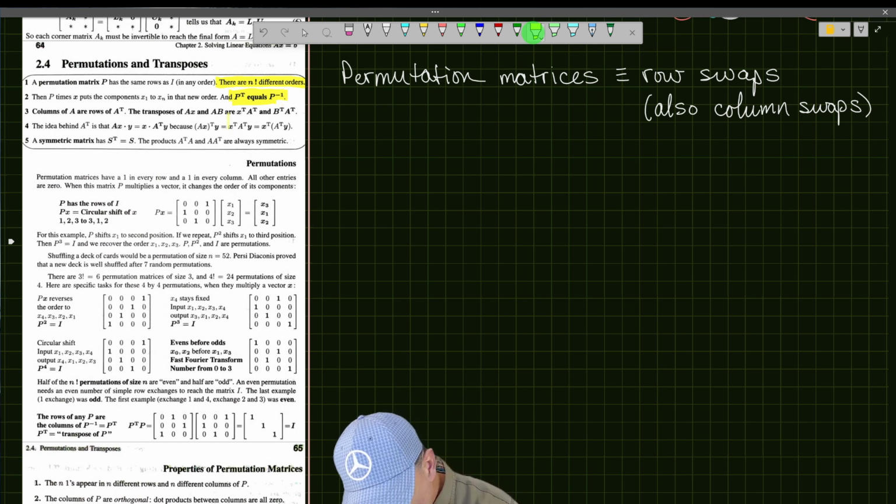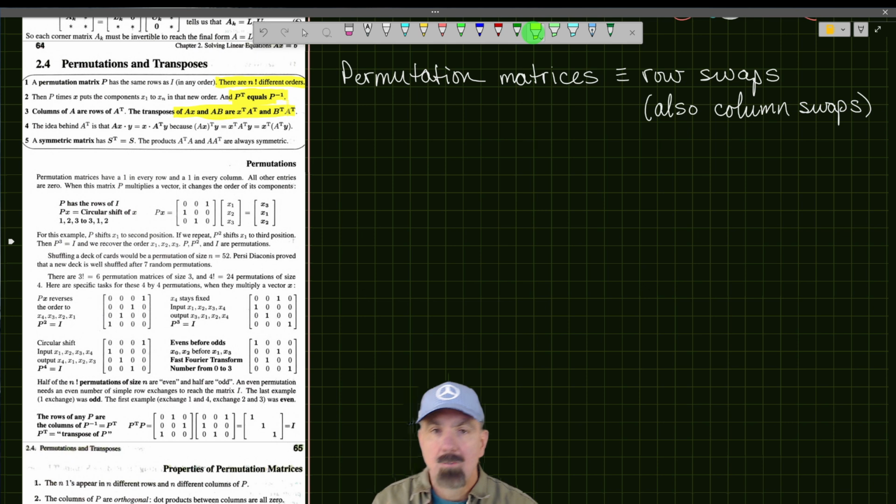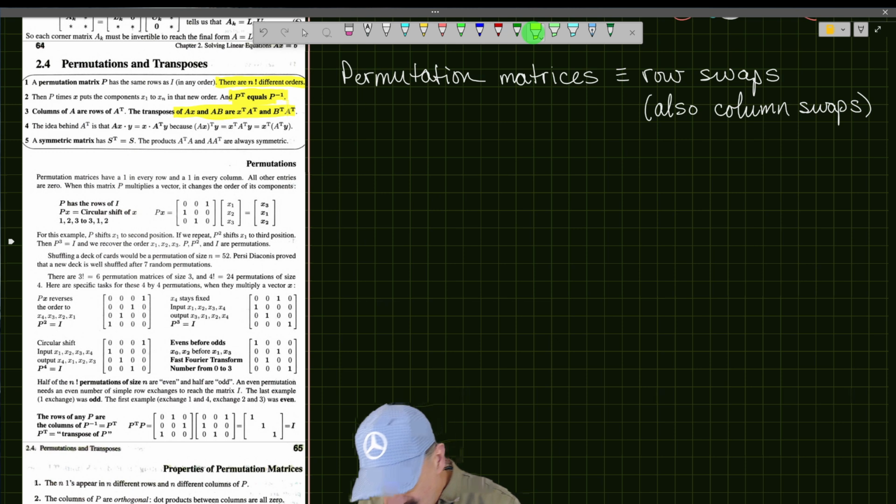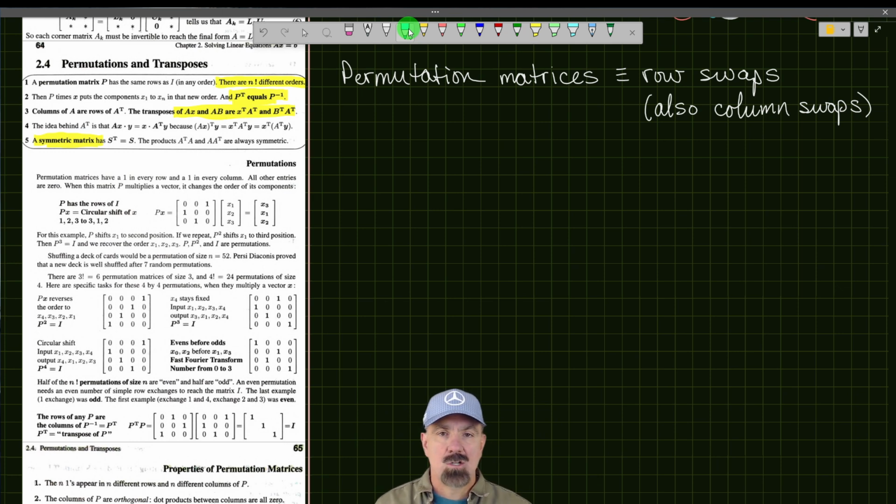One of the big results for transposes has to do with taking the transpose of a matrix vector product or a matrix product. And that's all outlined in the transpose section. And then finally, we'll talk about symmetric matrices, which are fundamental for where we're headed to do singular value decomposition.